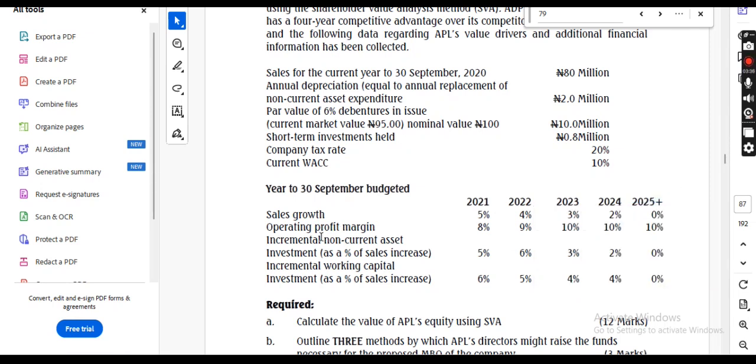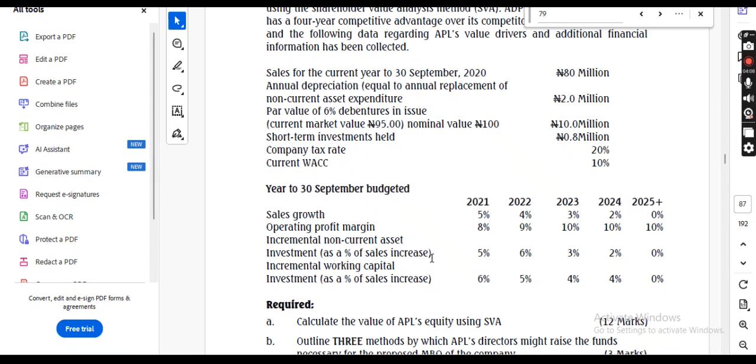So the operating profit margin is 8%, which means that when you want to get your operating profit, it will be 8% of the sales. Good, we get it. Incremental non-current asset investment as a percentage of sales increase.